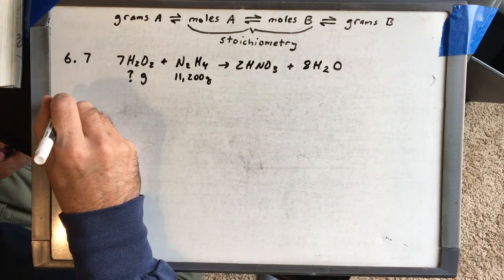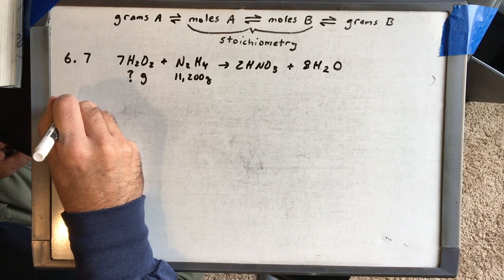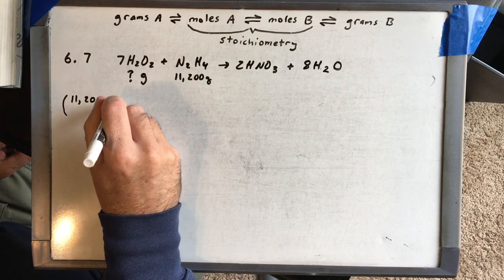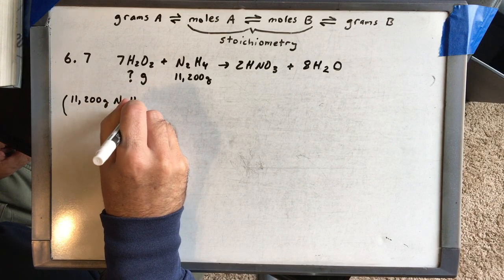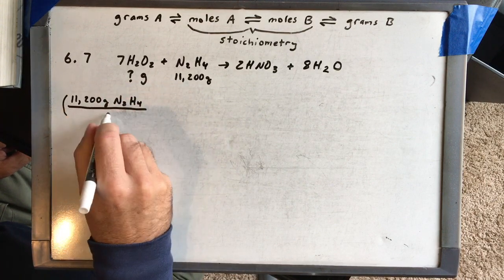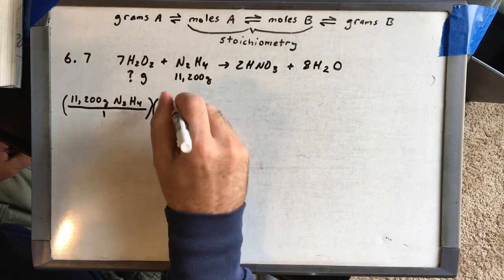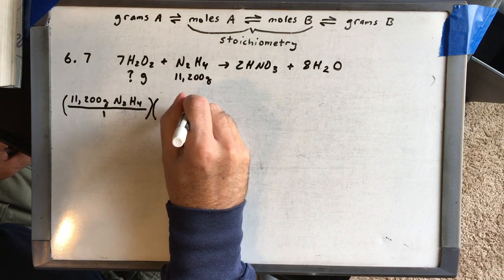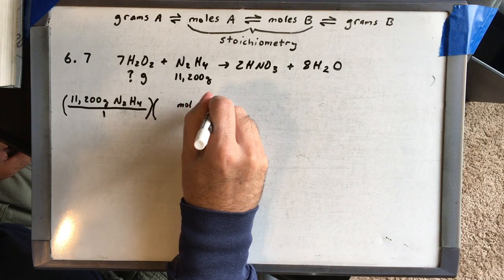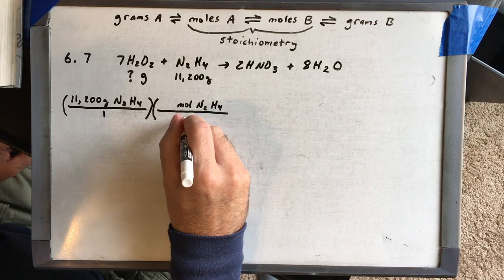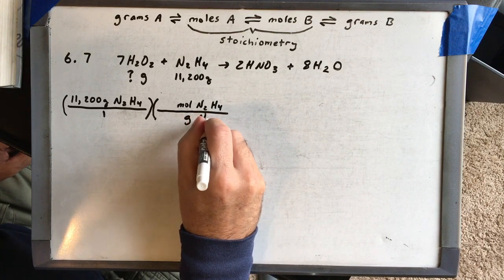So let's start on the left here. 11,200 grams of N2H4, put it over 1. We have to convert to moles of N2H4. I am canceling out grams of N2H4.